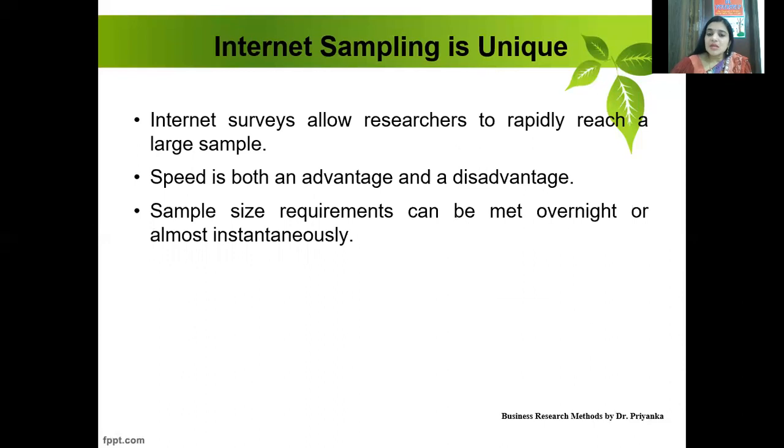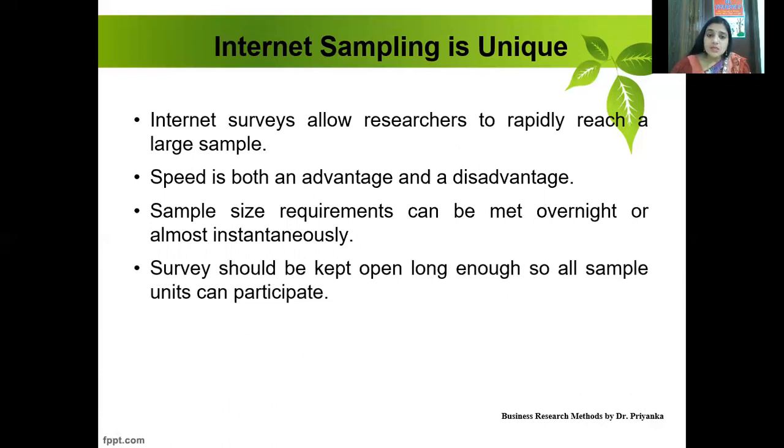Then sample size requirements can be met overnight or almost instantaneously. When you know that you are going to go for internet sampling, then you can actually mail people today, and overnight you can get all the replies if you request people properly. Survey should be kept open long enough so all sample units can participate.